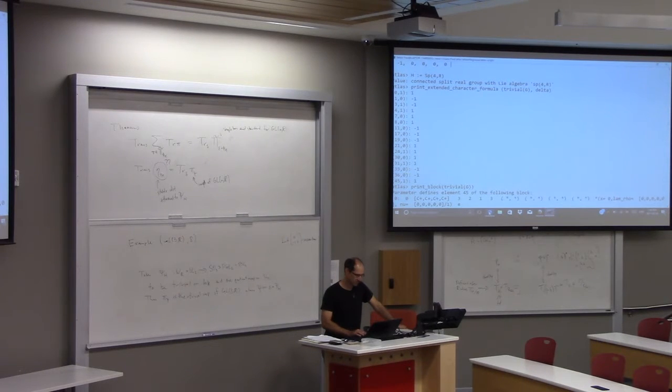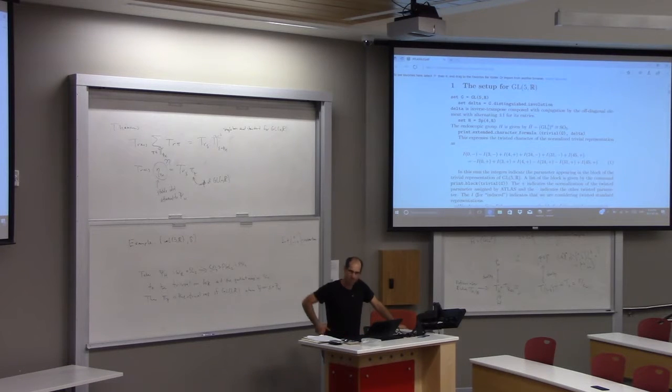I mean, the extended character formulas certainly can have S terms in the multiplicity, and I don't know what that means. Anyways, this is fairly clearly incorrect.